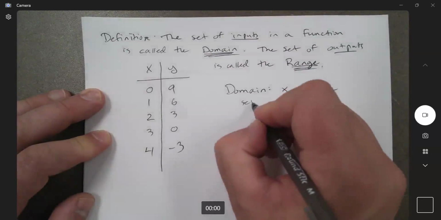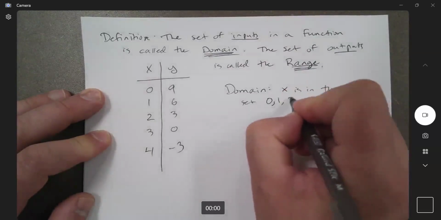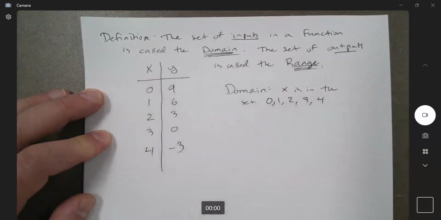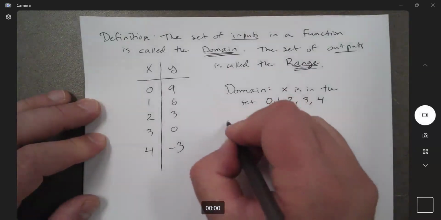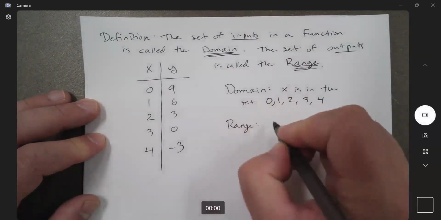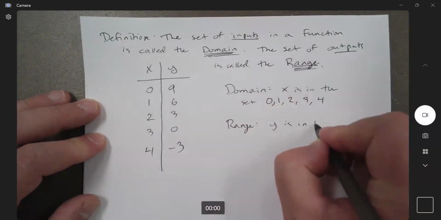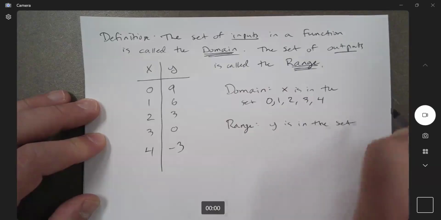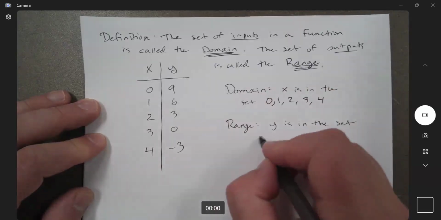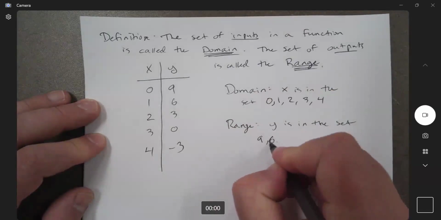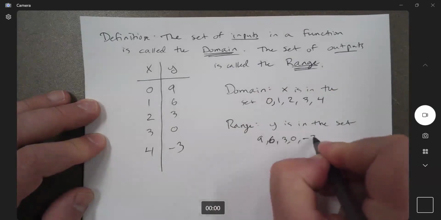X is in the set 0, 1, 2, 3, and 4. And the range, Y is in the set. Often you'll see it arranged smallest to largest, like in numerical order, but I don't really care. As long as they're all in there, that works. It's the set of outputs, 9, 6, 3, 0, and -3.